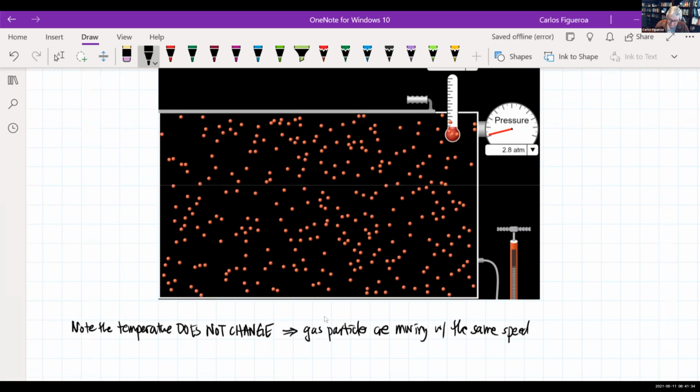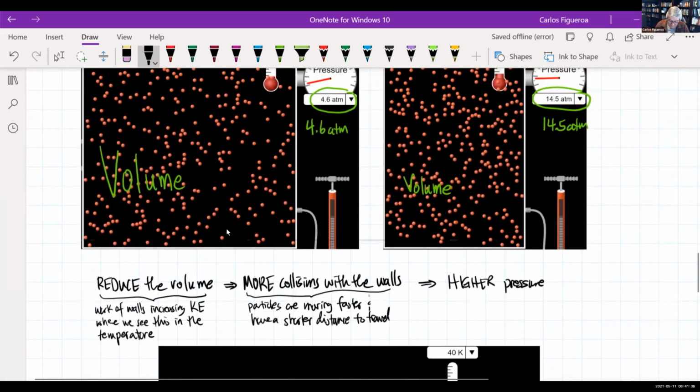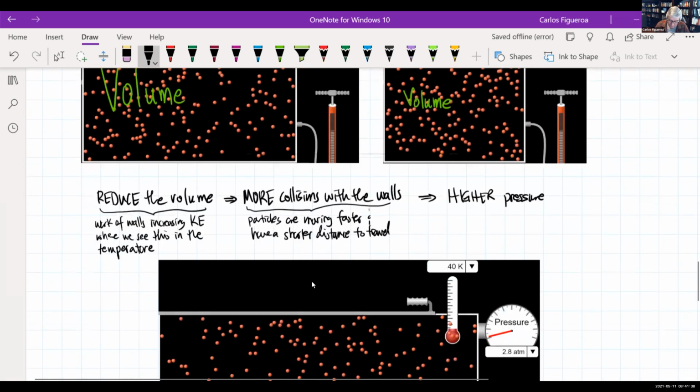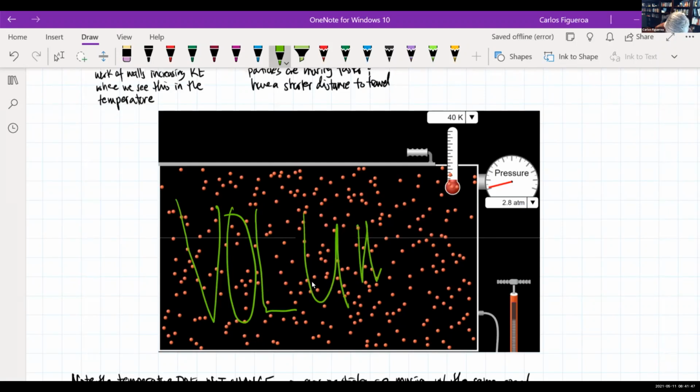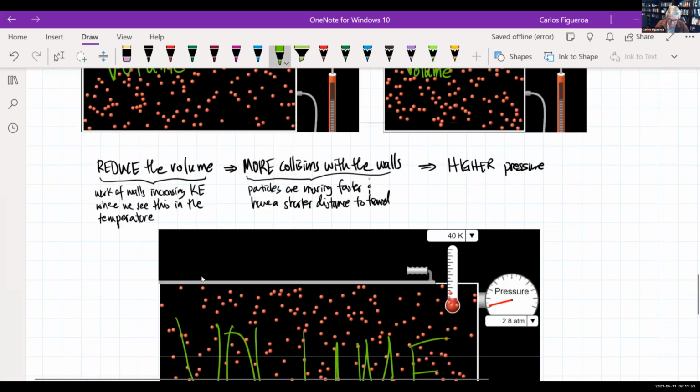But you can clearly see when I compare this volume to this volume that this volume is gigantic, right? This really has a huge volume. This volume is bigger than this volume right here.